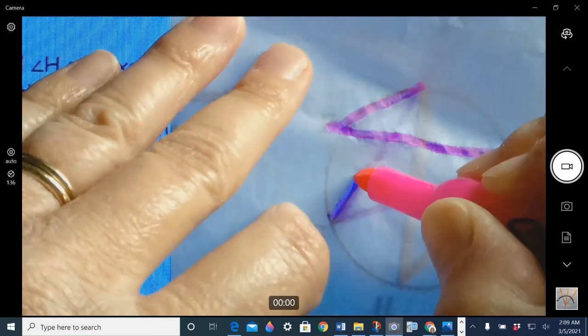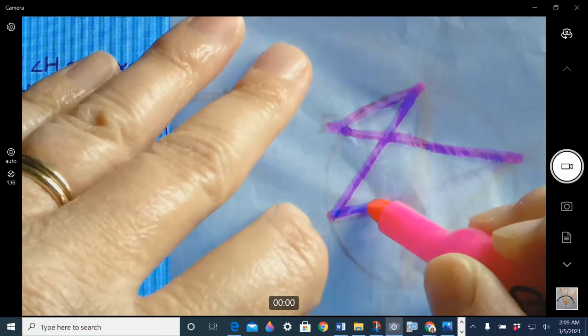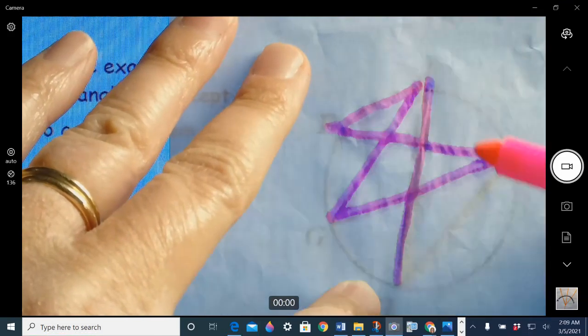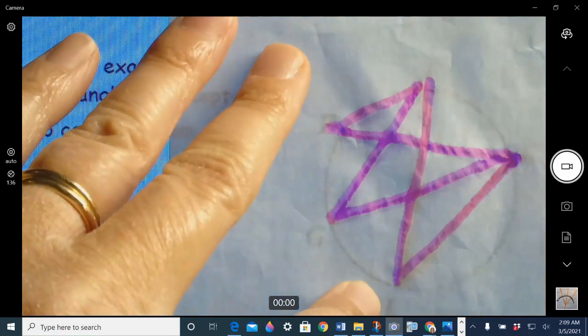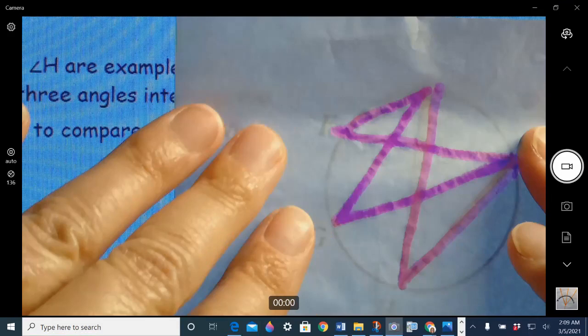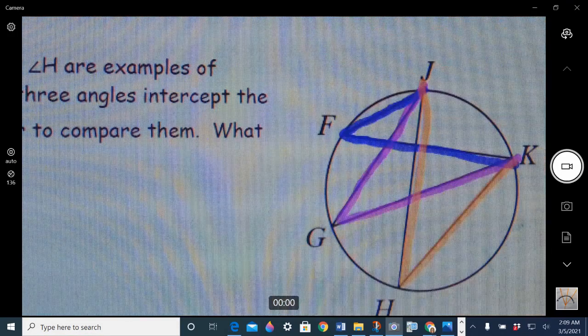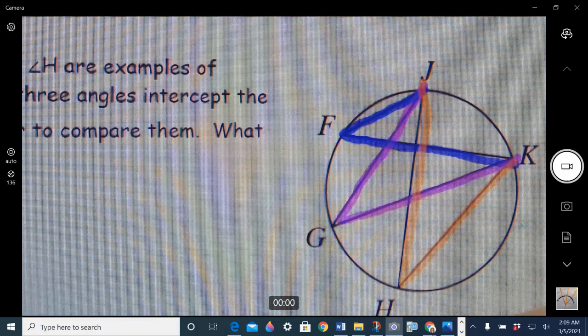Got that one. Okay, and now that I've traced them, I'm going to compare them.